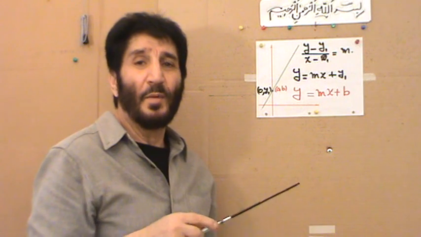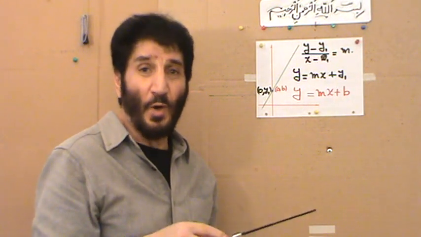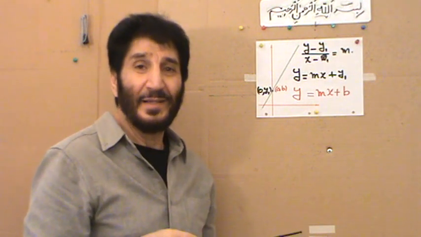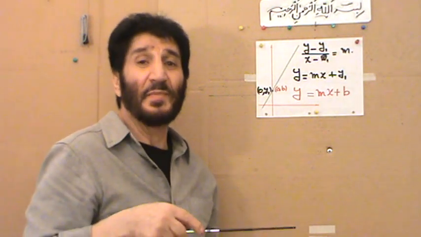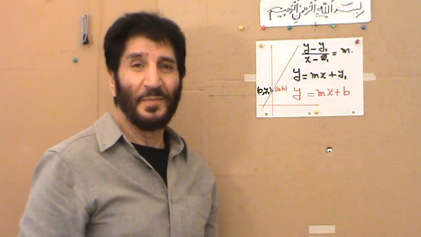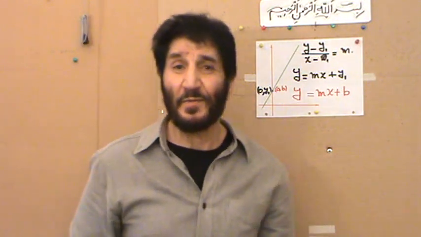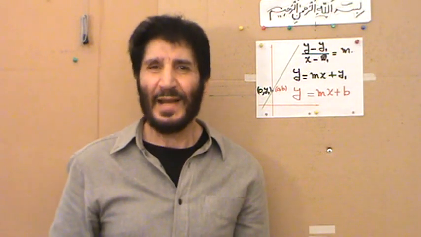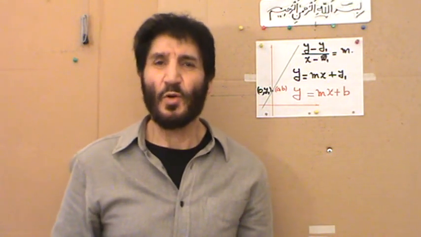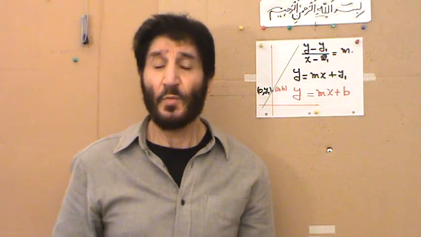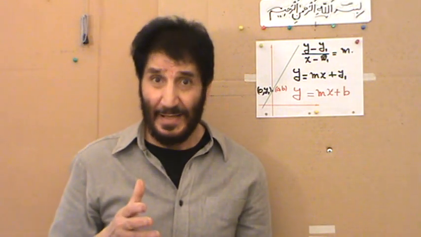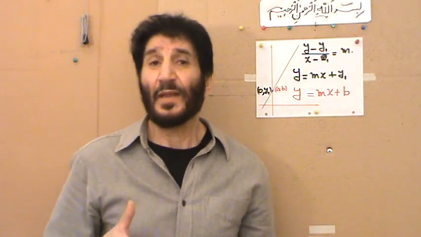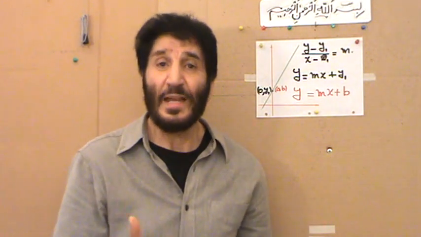That means y2 minus y1 over x minus x, they're the same x, that means the denominator will be 0. And if the denominator of a fraction is 0, some people call it infinity, but I would rather not. The best is to call it undefined. So we can say that the slope of a vertical line is not defined, meaning we cannot put any kind of numerical value for it.